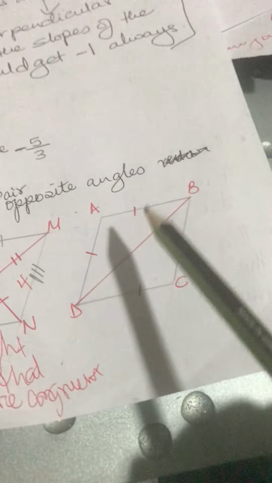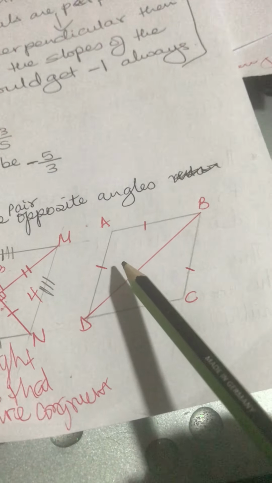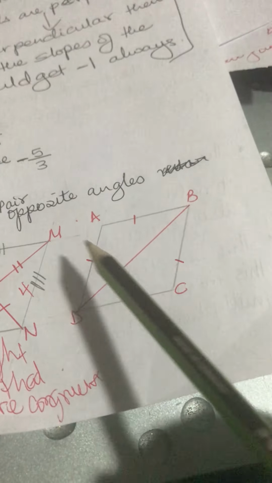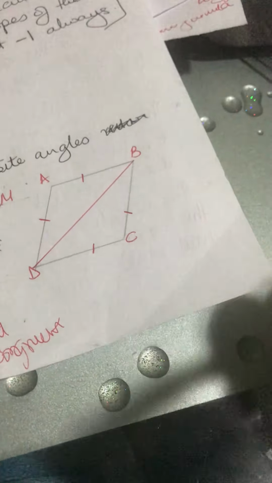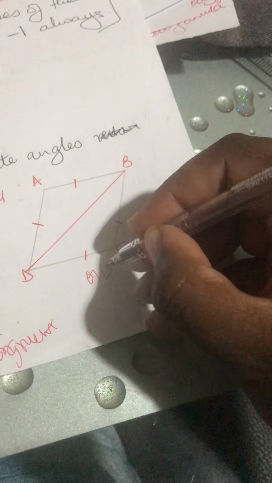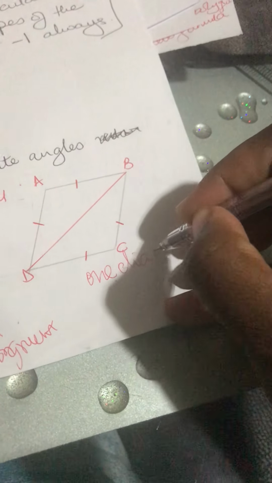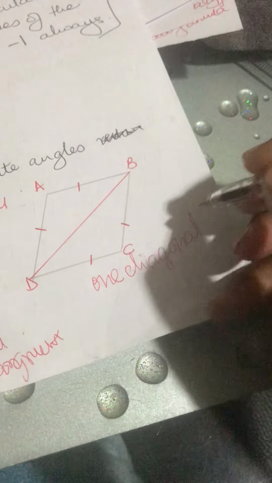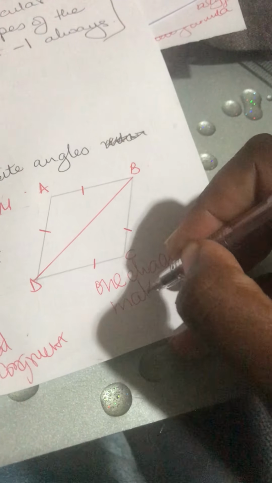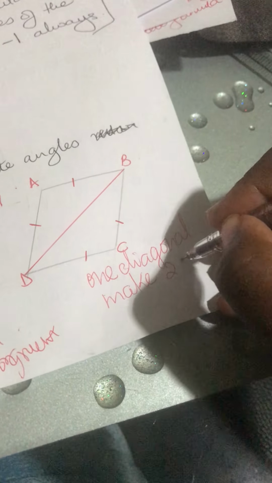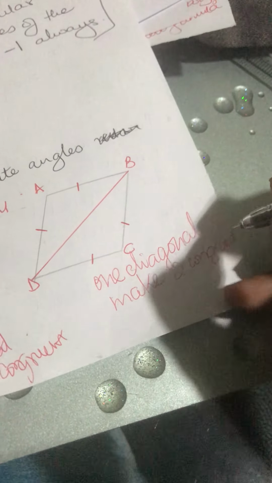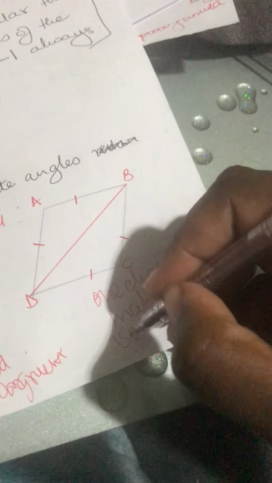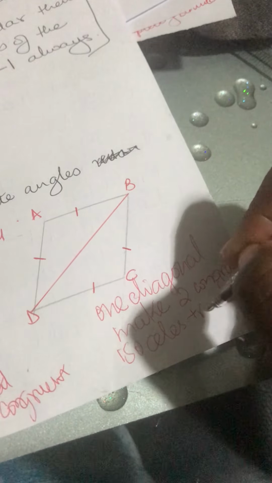Now here, the one diagonal makes 2 isosceles triangles because the sides are congruent. So one diagonal makes 2 congruent isosceles triangles.